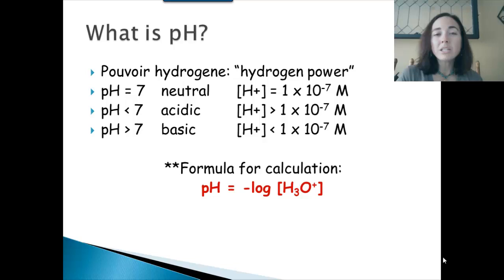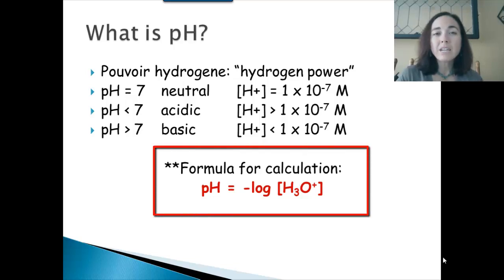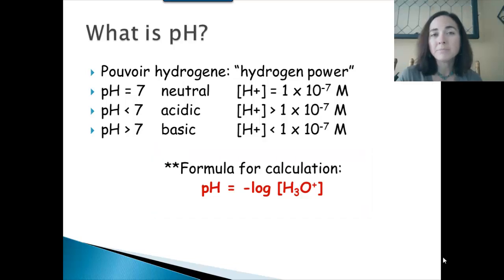The calculation we're going to use for pH is given here. It's equal to the negative log of hydronium ion concentration. Now H3O plus is the exact same as H plus on that top part of the slide. So that formula is in your reference packet. Let's use it to do some calculations here in a minute.